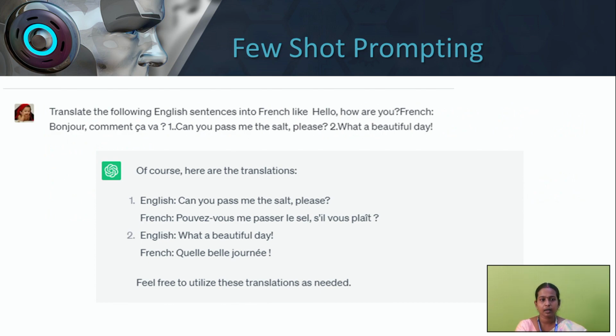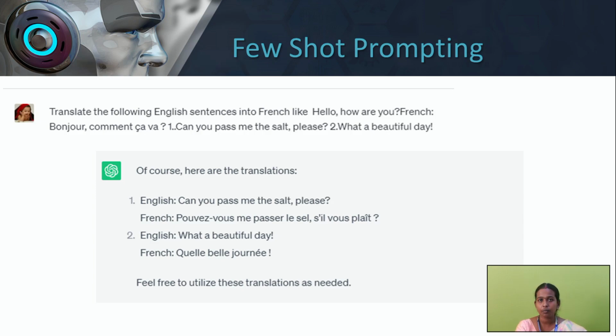Here also I have provided an example for few shot prompting. I have asked the system to convert a sentence into French, and I have also included an example of converting English into French. One example I have given, and in the second statement I have asked it to convert the sentence I want translated.